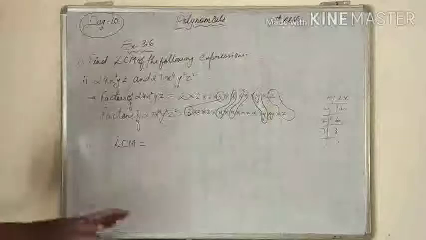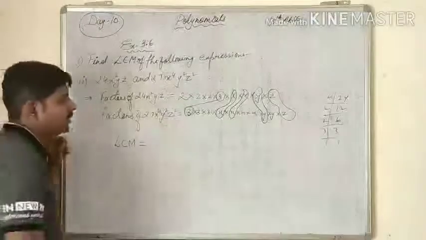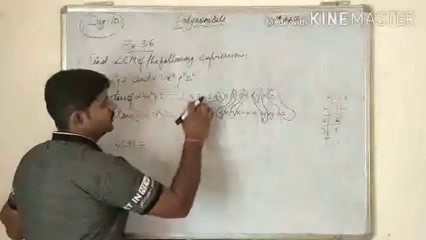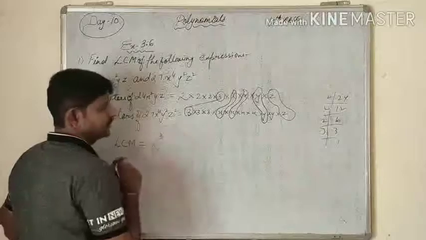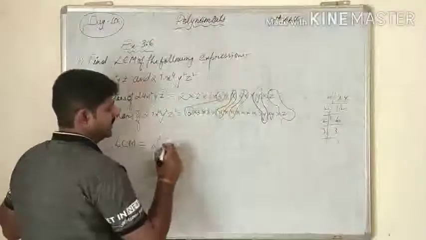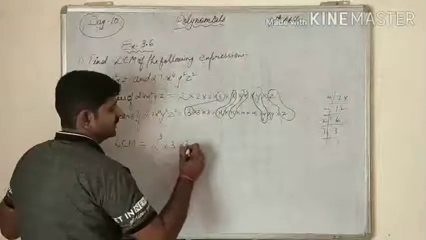Whatever is common, that we will write once, and whatever is left, that we will write. So 2 into 2 into 2, so 2 raised to 3 we will write. 3 is over there, that's why we will write 3 because common, and 2 more 3's are there.